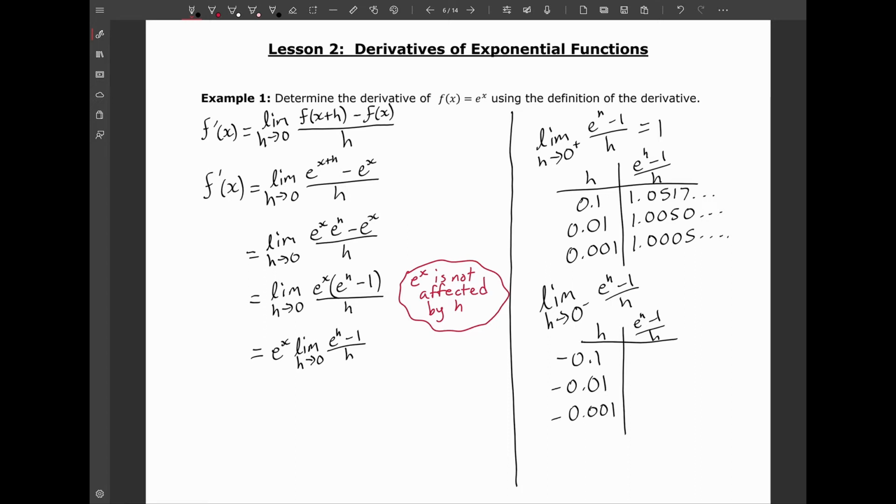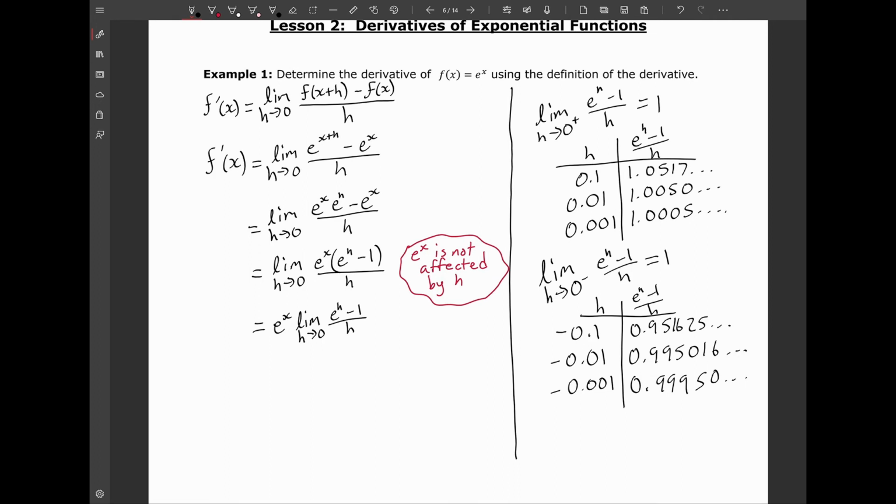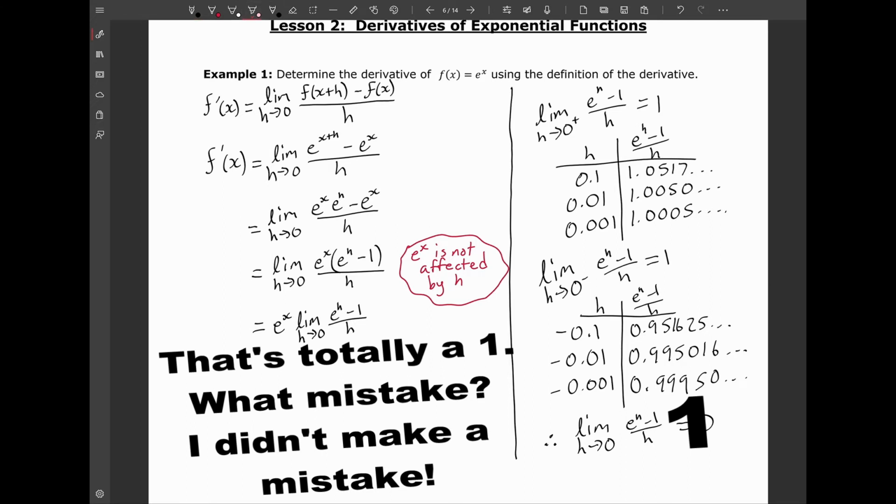Again, getting closer and closer to 0 from the left-hand side, and we get 0.95165..., 0.995016..., 0.99950... All right, so clearly we can see that this limit is also equal to 1. Therefore, the limit as h goes to 0 of e to the h minus 1 over h is equal to 1. Boom. We got what we needed out of there.